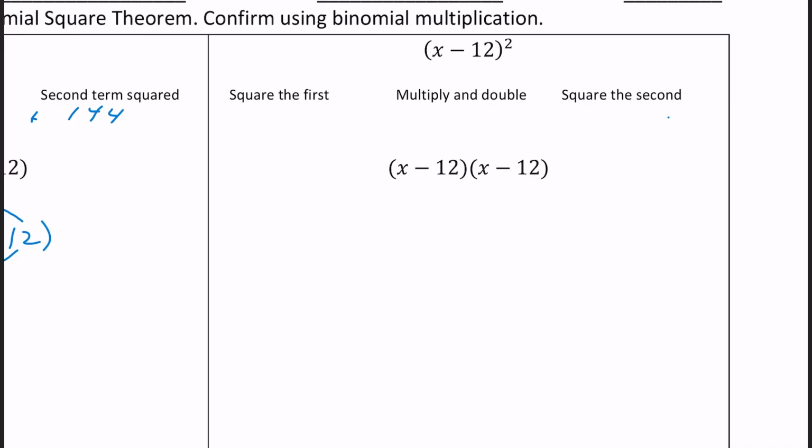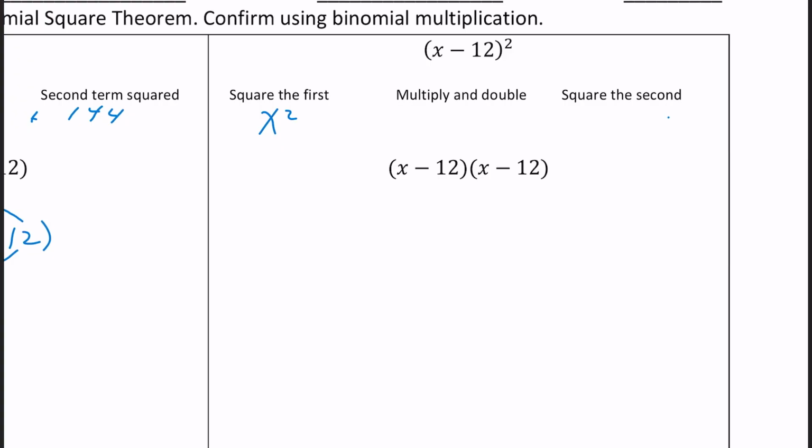Just a quick look at this one, and I'll leave it to you to see by whatever method that x minus 12 times x minus 12 gives the same result. But just to note, when this is a subtraction in our original binomial, first term squared is x squared, x times x.